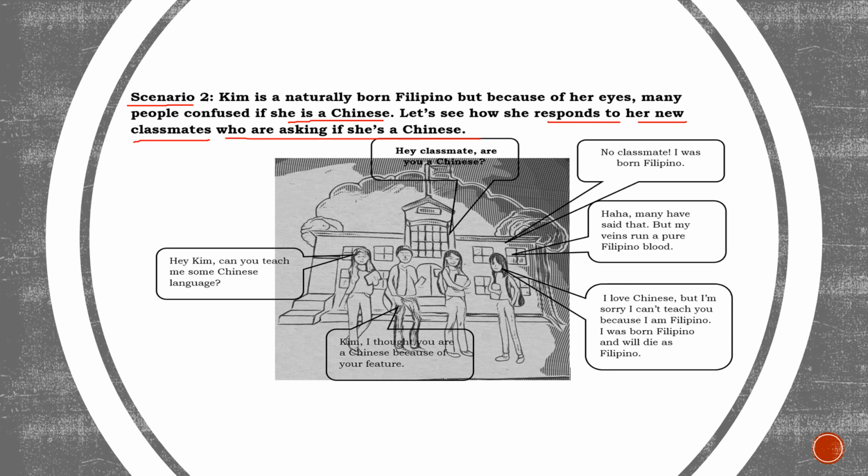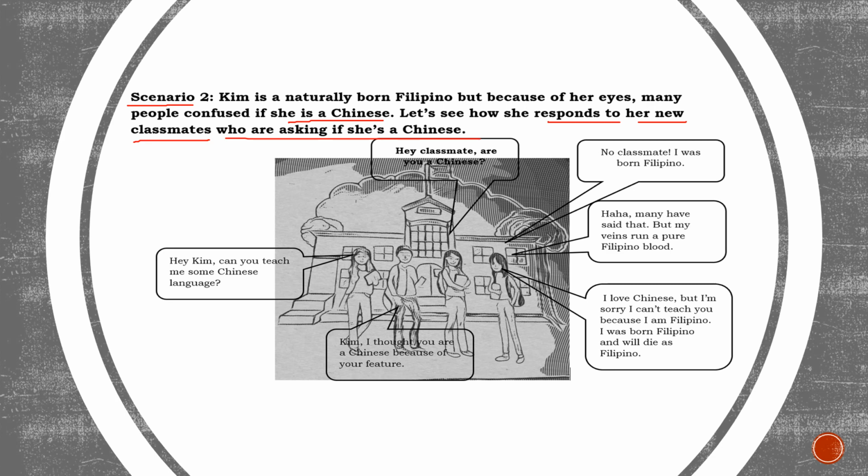"Kim, I thought you are a Chinese because of your features." So if we're going to base it on the features of Kim, there is no one-to-one relationship. But again, considering that Kim was born here in the Philippines and is a naturally born Filipino, one consideration that we're looking at is if Kim was born here.